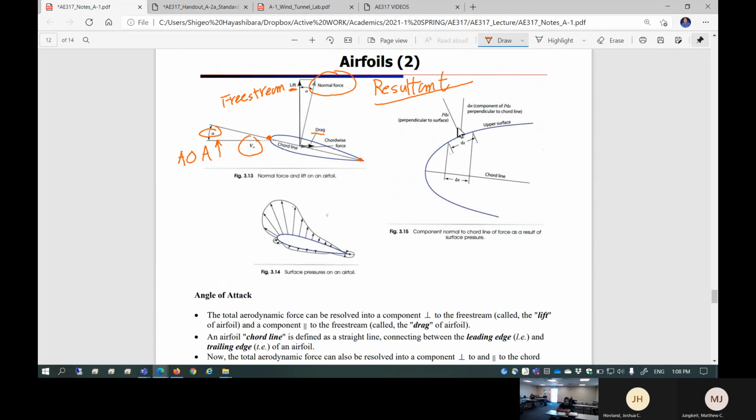That means you're going to resolve all the pressure which is acting on each small tiny segment of the surface of an airfoil, which ends up having this much component of the force developed due to the pressure distribution over the surface. If you integrate this component of the force all the way from leading edge to trailing edge, what do you have?